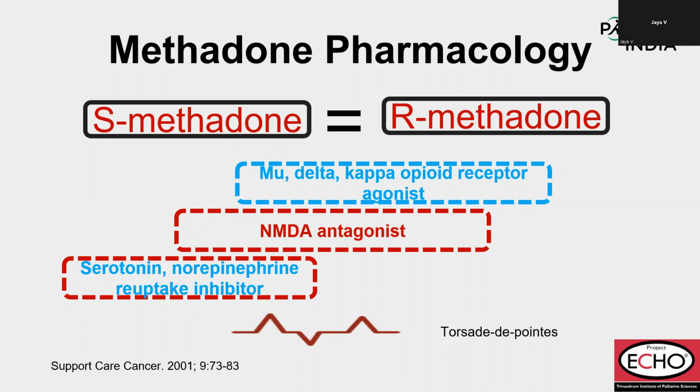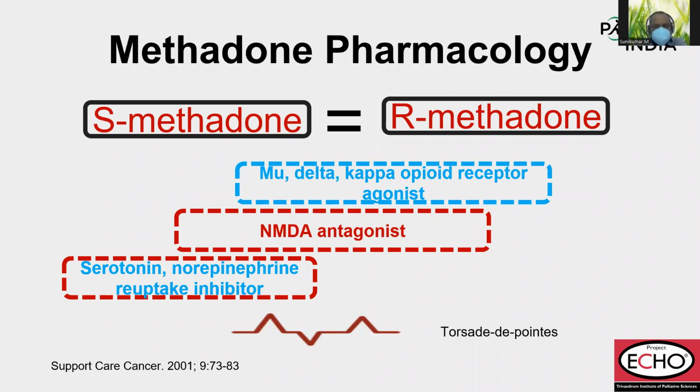Yeah, but it's not SSRI. It is tricyclic antidepressants. SSRI means selective serotonin reuptake inhibitors. So it is selective, but tricyclic antidepressants are the group which inhibits the reuptake of noradrenaline as well as serotonin. So that's why we use them for treating neuropathic pain. So methadone has this property also. So you can see it has three properties which are beneficial to treat pain.